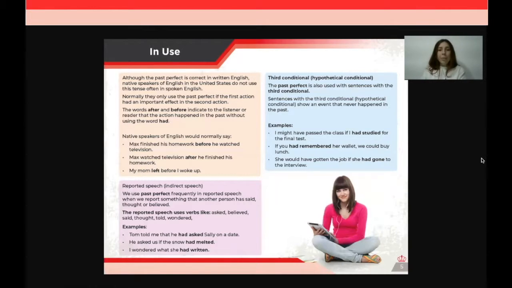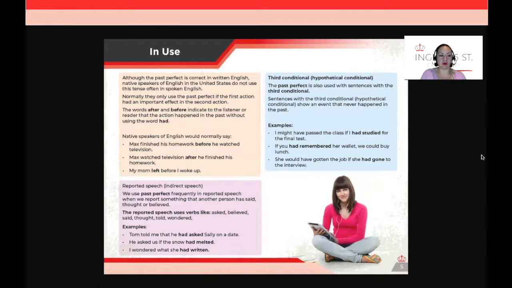If you had remembered her wallet, we could have bought lunch. She would have gotten the job if she had gone to the interview. Okay, so we use it also for the third conditional, and we can use some modals like might, could, and would. Okay, and here we have the examples.